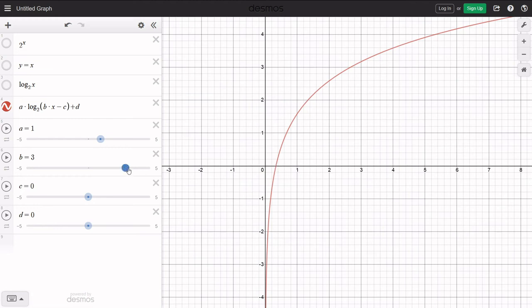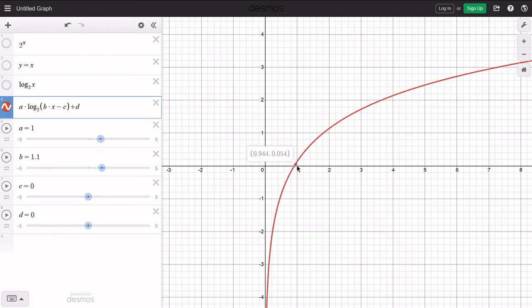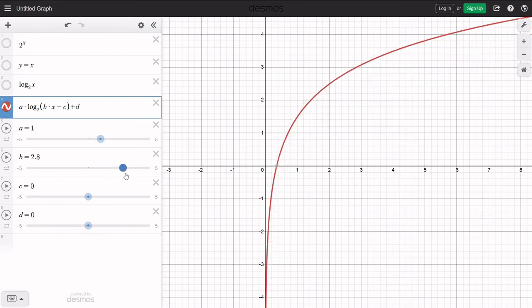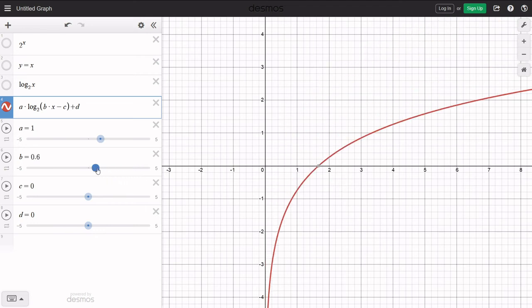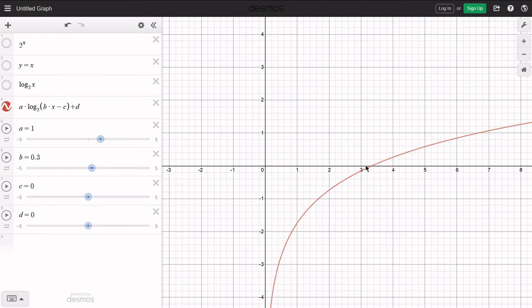This point here is getting pushed inward. It's supposed to be at 0, 1, but it's being pushed inward and inward. Then if it's less than 1, it's actually being stretched. You see how this point right here is getting pulled away from 1, being pulled greater.